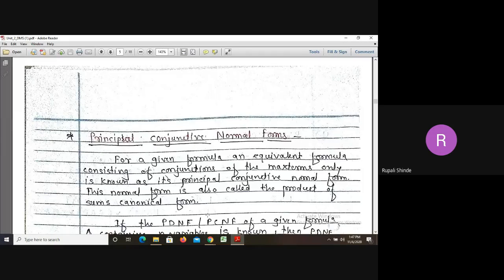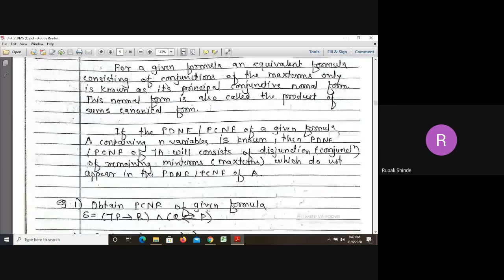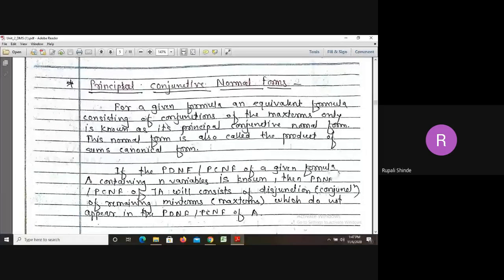Again we have seen how to find the number of max terms. The formula is the same, 2 raised to n. If 3 variables are there, then 8 max terms are possible. In these max terms, variables are connected together by the OR symbol.